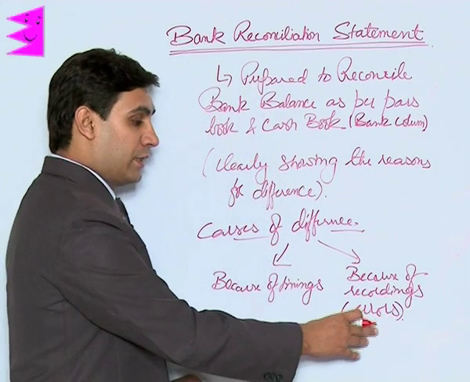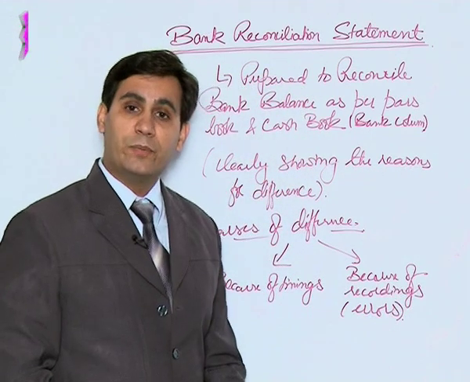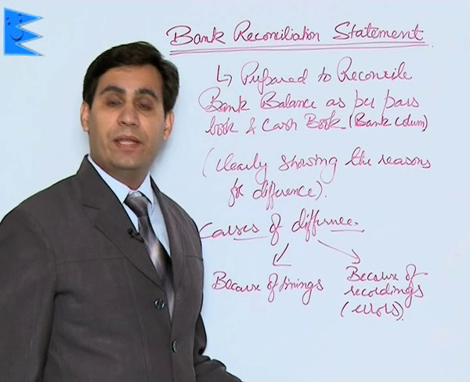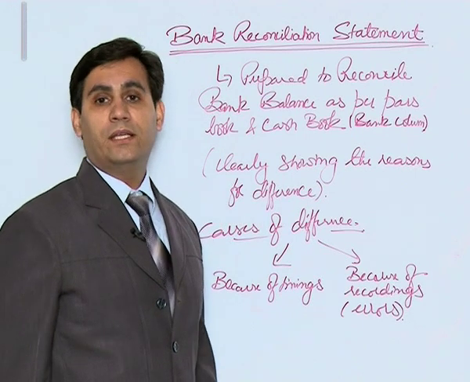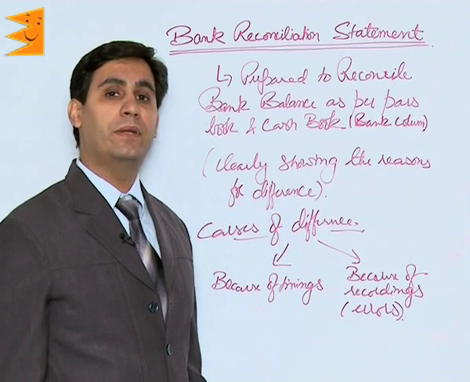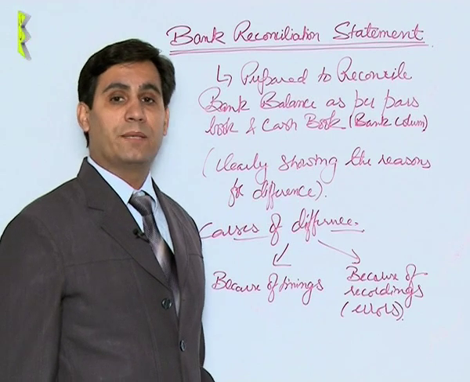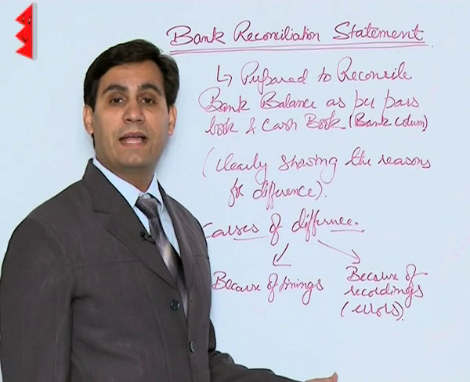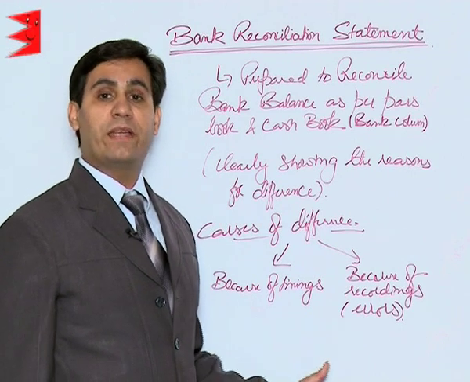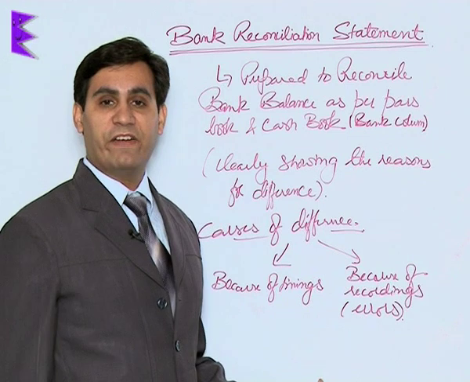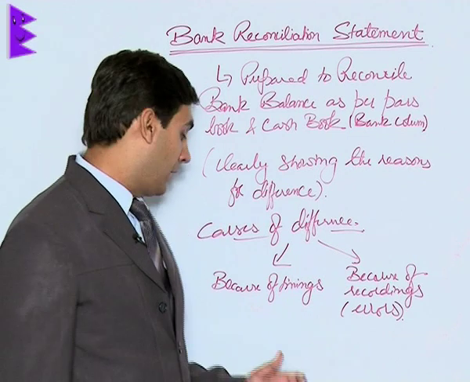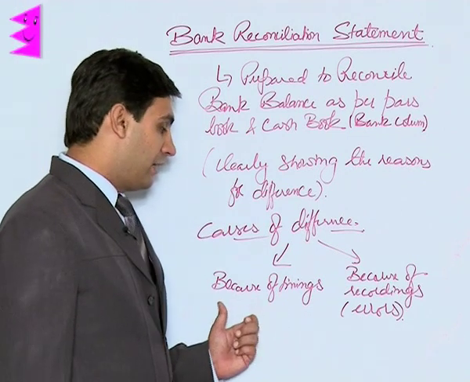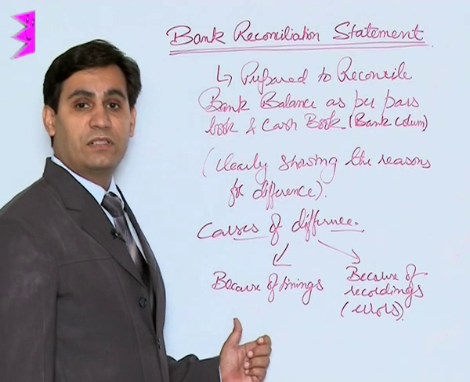Now, because of recordings or because of error means that there can be a genuine error in the passbook or in the cash book. Some amount might have been recorded wrongly, or some entry which does not relate to your account has been recorded by the bank in the passbook. So these are errors which need to be rectified after detailed investigations. Whereas there are errors which arise because of timings.